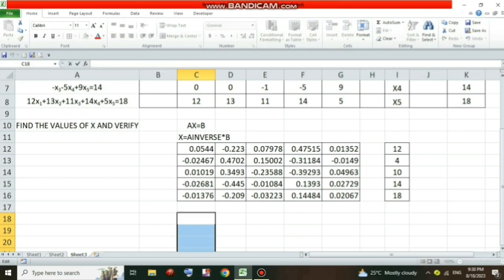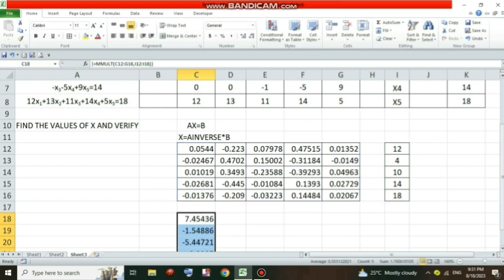For that the formula will be MMULT, that is matrix multiplication. Let me open the brackets. This is array 1, comma, and array 2 is this. Let me close the brackets, and again type Control Shift and Enter all together simultaneously.